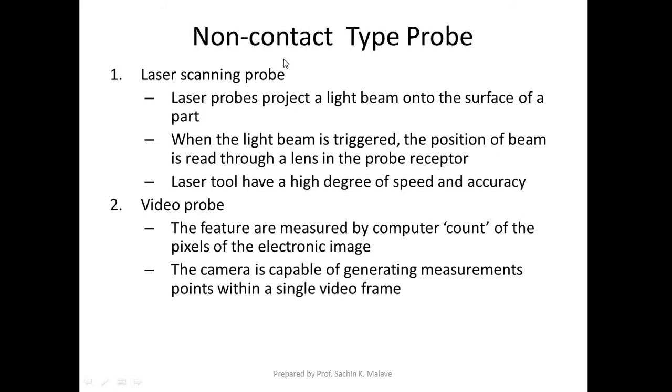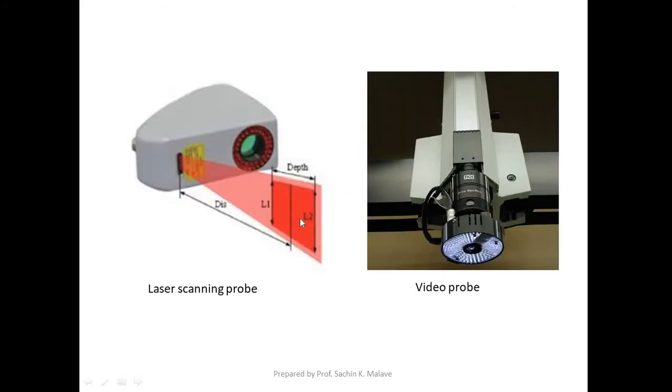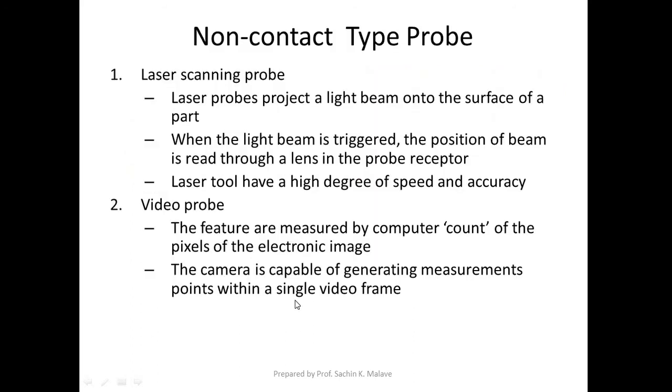So a laser beam is projected on the surface whose dimensions are to be taken. When the light beam is triggered, the position of the beam is read through a lens in the probe receptor. These laser tools have a high degree of speed and accuracy. You can see this is the laser scanning probe. The light is projected on the surface whose dimension is to be taken, and those dimensions will be measured when the light beam is triggered.